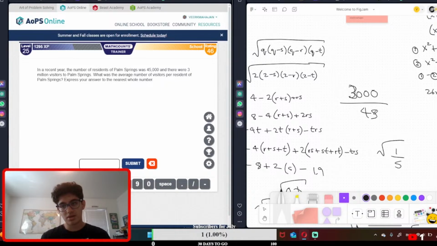You can't take out a 9 either. Express your answer the nearest whole number. So you can take this out. You can take out a 3 from here. You can take out a 15 from here, which will just make this 200 over 3. 200 over 3 is 67. No, it's 66. And remember, there's 1,000.